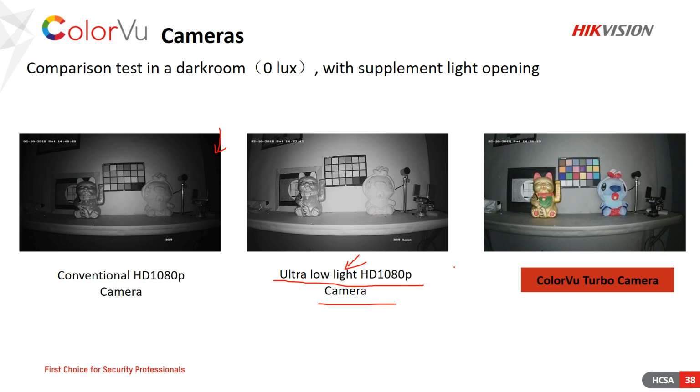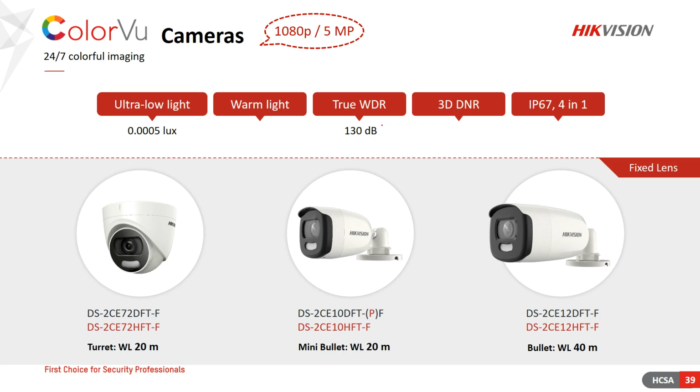But the ColorVu Turbo HD camera is going to provide you a very colorful image, and there are no dark edges as well. It's also very clear. So these are the ColorVu camera models over here. We have the DFT. F means full color.